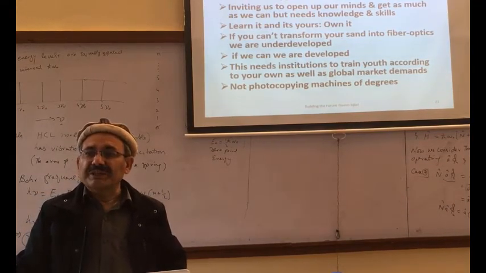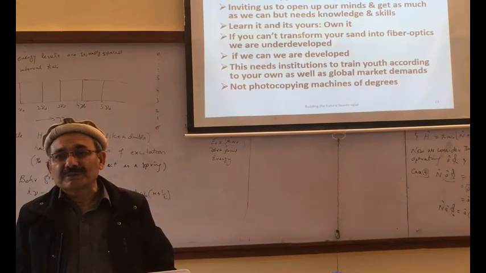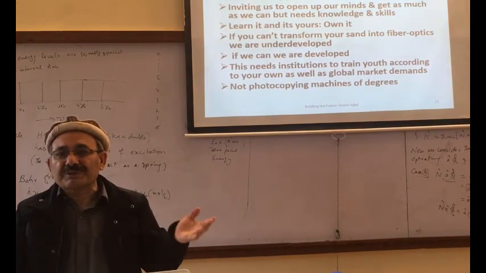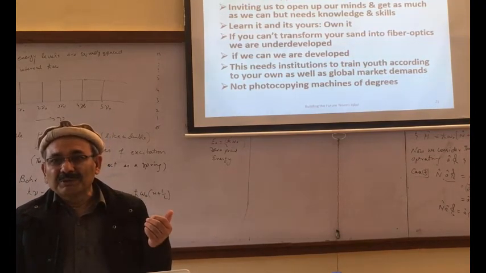You have 118 or even more elements today in your periodic table. You have not yet explored the oldest element, carbon. This means the world has many more things to share with you, but it is upon you.